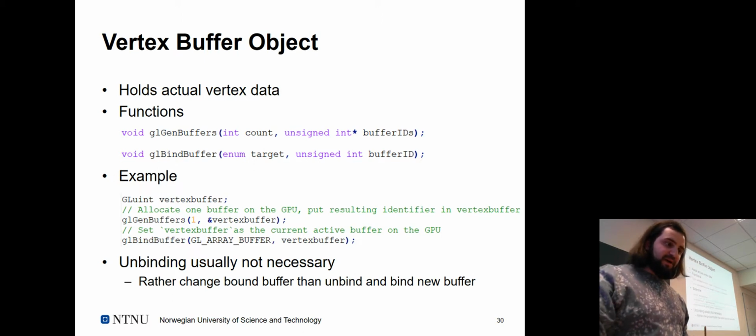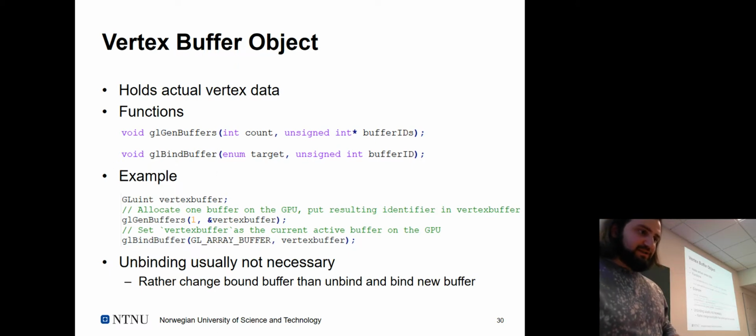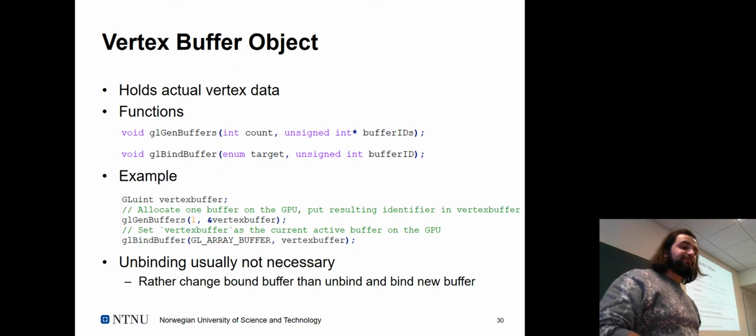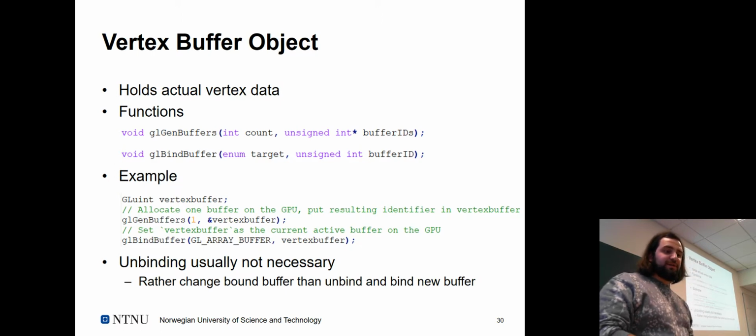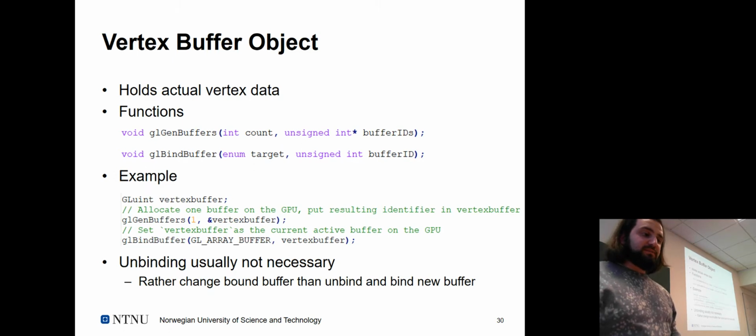This parameter GL_ARRAY_BUFFER is an OpenGL parameter that defines what kind of buffer we have, because we might have other types of buffers, like color buffers or texture buffers, or whatever information we need in the process of rendering. But in this particular case we define that it's an array buffer, and we again pass the identification.